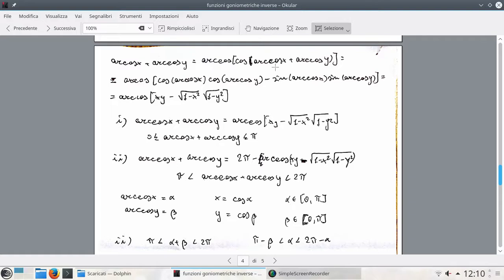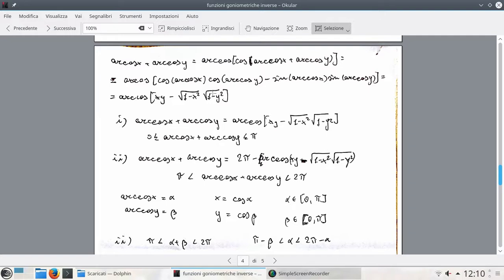Using the addition formulas for cosine, we obtain arccos of (xy minus square root of 1 minus x squared times square root of 1 minus y squared).